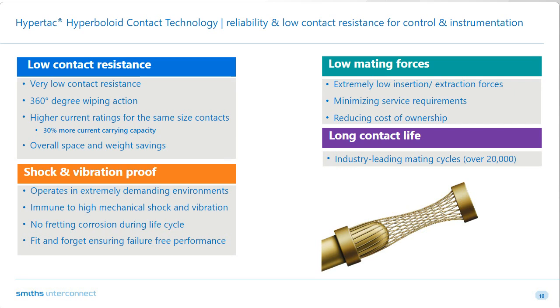From an overall electrical performance standpoint, you need to ensure very low contact resistance, because if your contact resistance is high, like in my kettle example, a greater amount of heat will be generated around the contact.